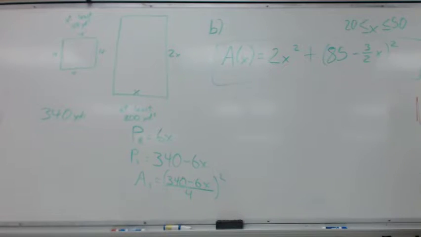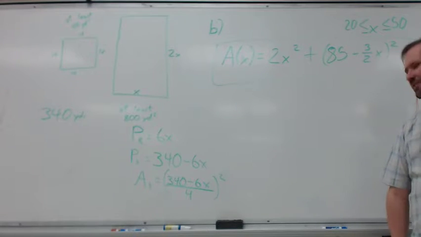Okay. So, how are we going to solve with no calculator? Well, I don't know why I'm saying solve. We have an equation, but it's not solvable because we have two variables, A and x. Why would I say solve? Silly me.